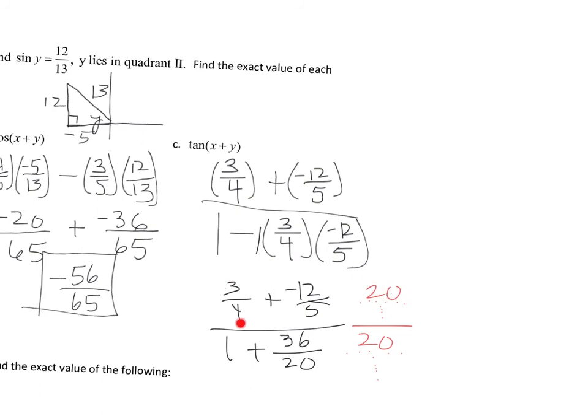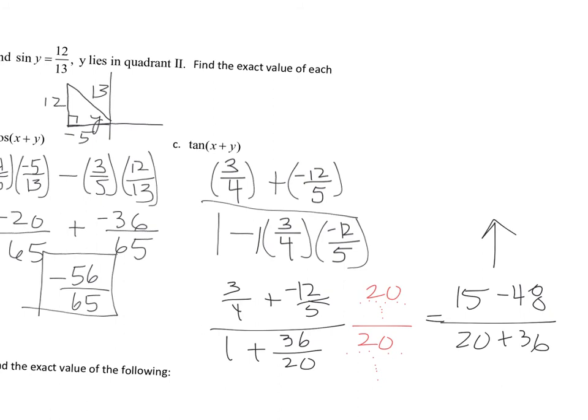So into here, 20 divided by 4, that reduces to 5. 5 times 3 is 15. And then if we do 20 into here, 20 divided by 5 is 4. 4 times negative 12 is negative 48. In the denominator, 20 times 1 is 20. And then 20 times this, 20 is canceling, you're left with 36, so I have plus 36.